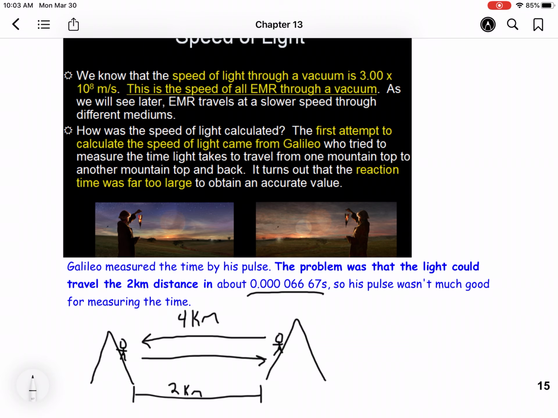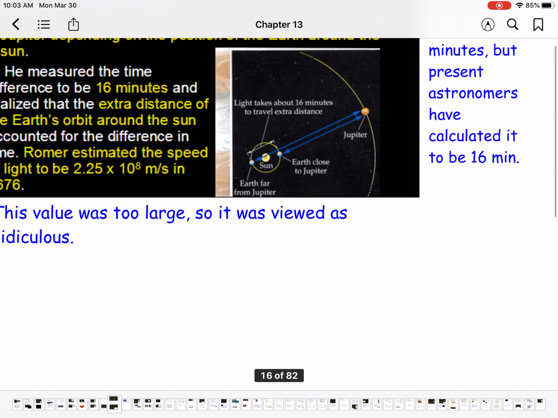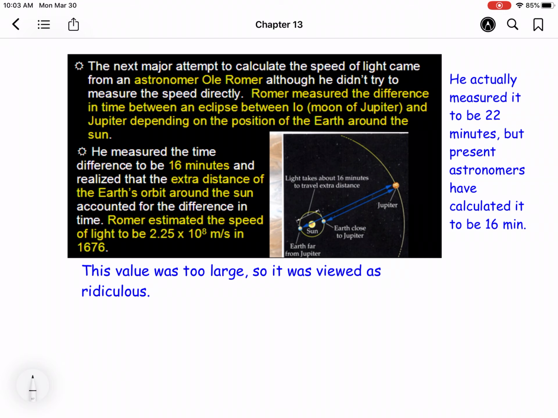So then the next person was a little more clever, and this was Romer. I don't even know the people's names. Romer measured basically the amount of time that it takes for the eclipse of the moon of Jupiter, depending on the position of the Earth around the sun.